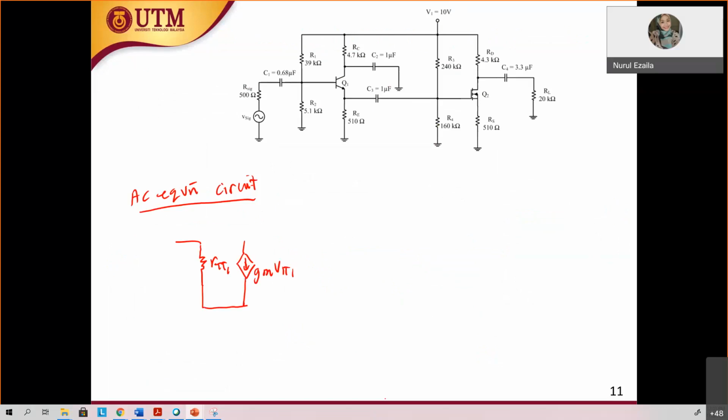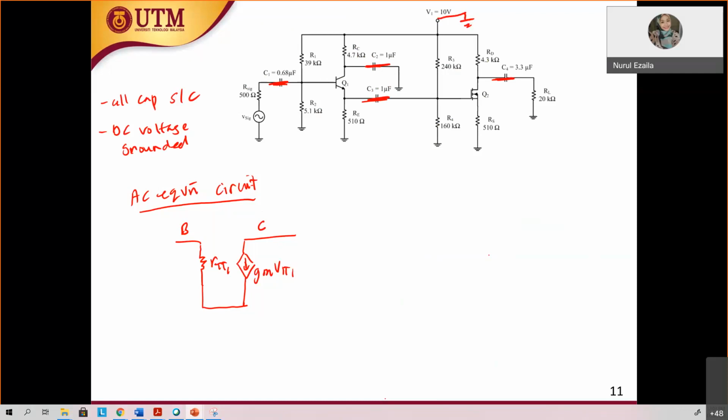This is your base, your collector. All capacitors are short circuit, and the DC voltage is also grounded.